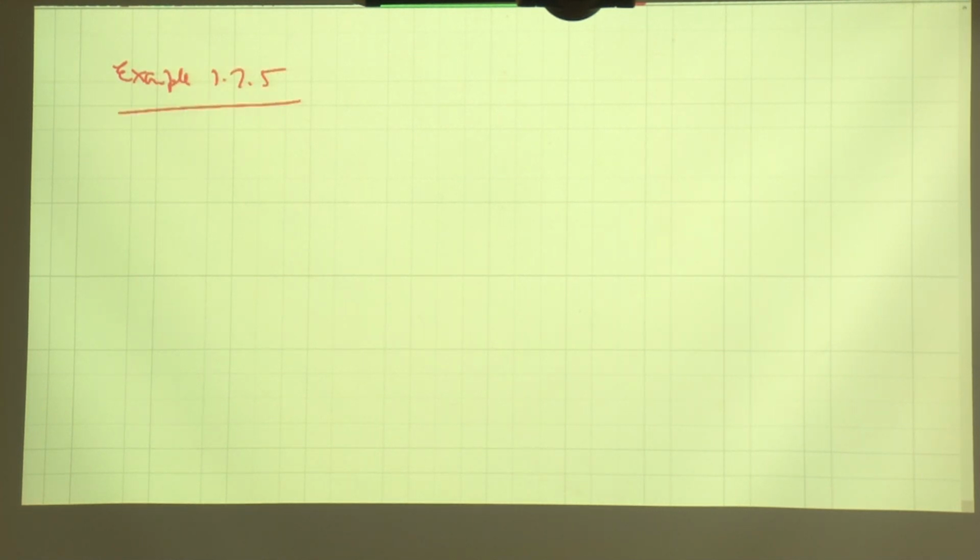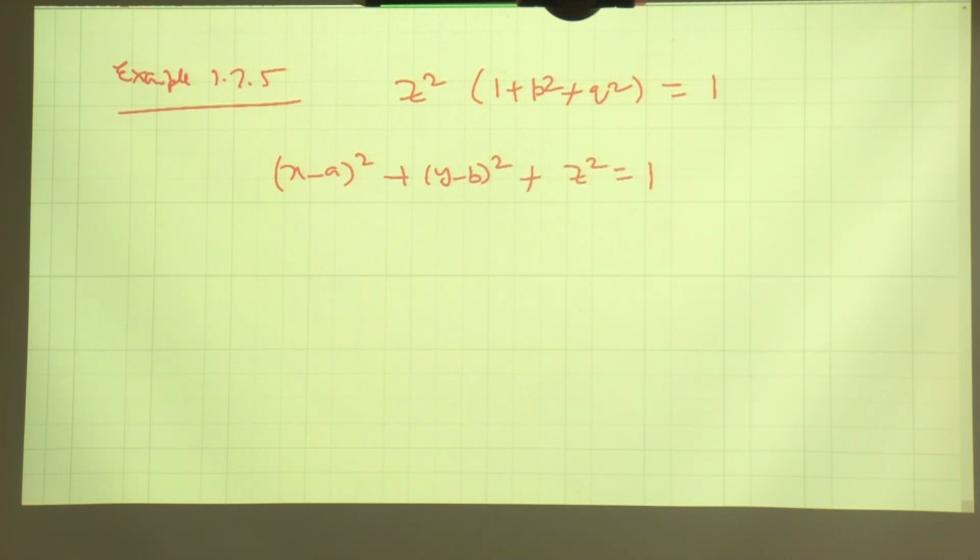175. The PDE is z square into 1 plus p square plus q square equal to 1. Now he gives two complete integrals. I think this equation is familiar. We derived this equation. And y minus mx minus c whole square is equal to 1 plus m square.